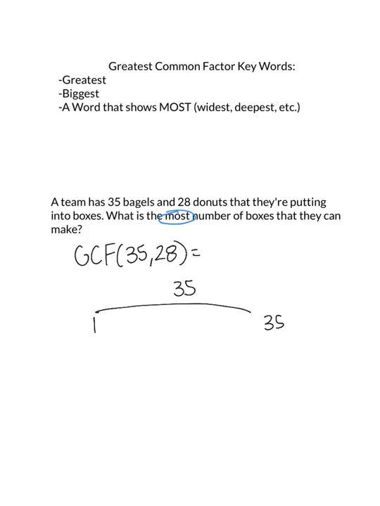Okay, let's check 5 now. Yes, 5 times 7. How about 6? Nope, 6 does not work. How about 7? Nope, now I'm back to a number I've already written down. So I am done then. So I have found all the factors of 35.